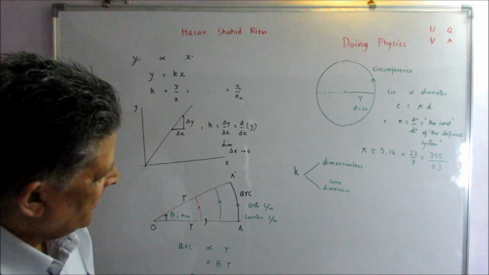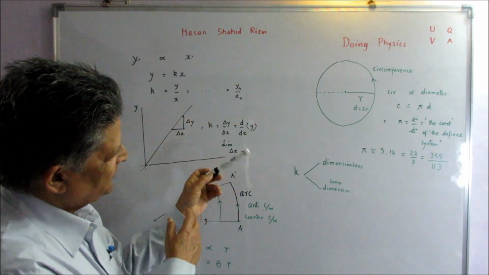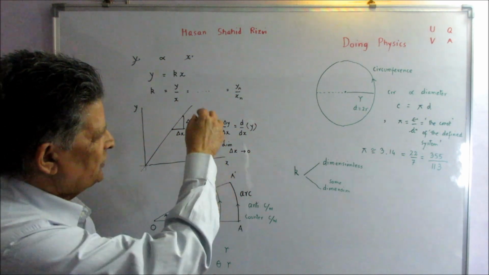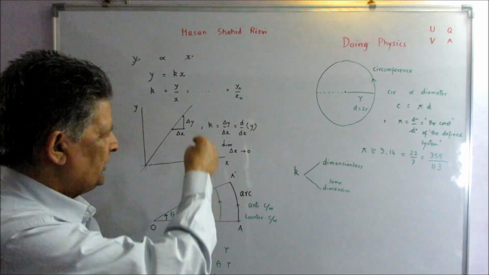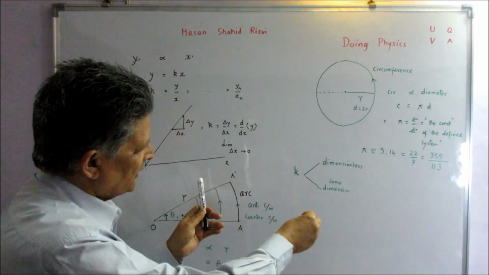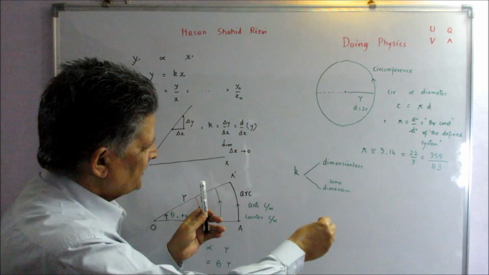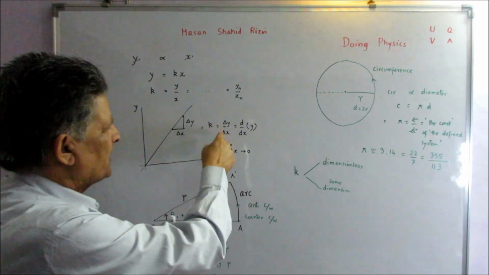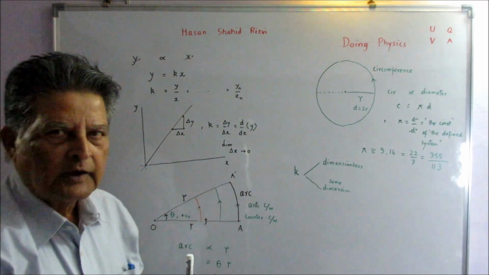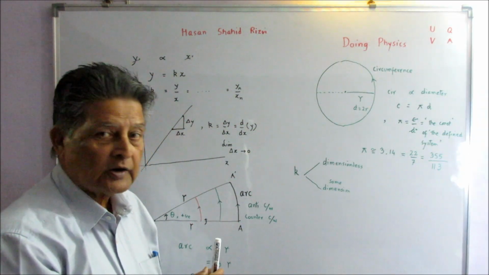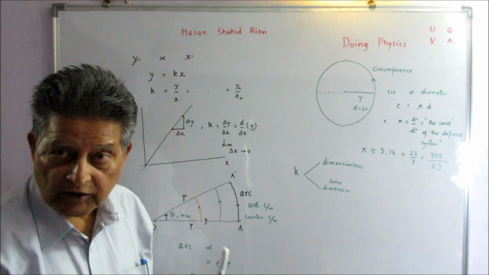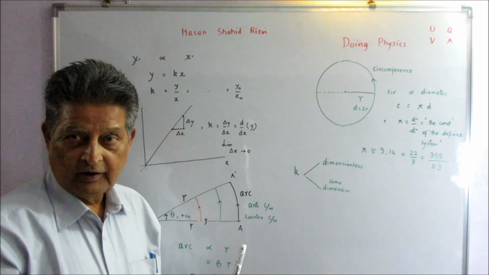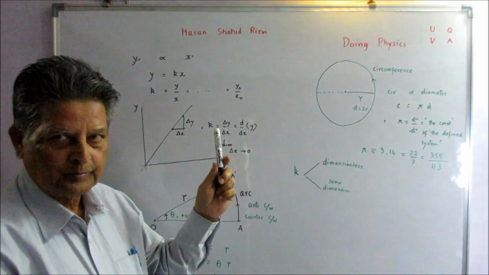As I said, if the money that I have is on the y-axis and the number of pens I want to buy is on the x-axis, then I obtain the constant as delta y upon delta x, which will be the money per pen, and that's nothing but the rate of a pen.